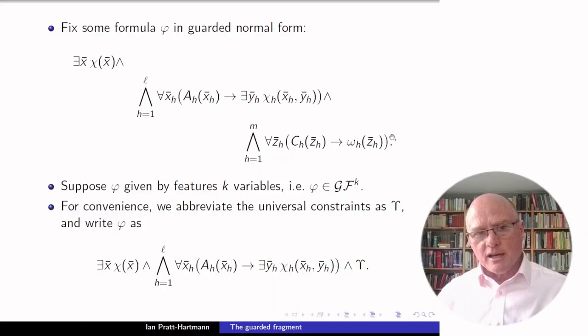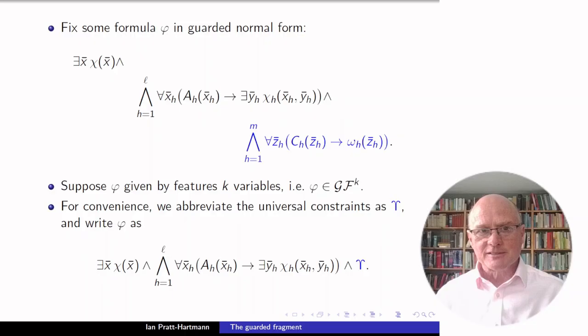So for the moment, I'll just abbreviate all these universal constraints with a single letter, Υ. So whenever you see Υ, you can mentally project this big conjunct here if you can remember it, because that's what it will mean from now on. So this is the formula in normal form which we're given, just with the universal constraints compressed, represented by a single letter.